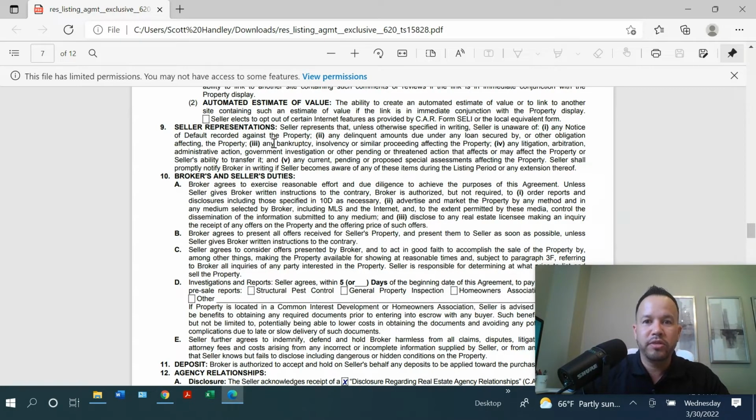Seller represents that unless otherwise specified in writing, seller is unaware of any notice of default recorded against a property, any delinquency amounts under any loan secured by or other obligation affecting the property, any bankruptcy, insolvency, or similar proceedings affecting the property, any litigation, arbitration, administrative action, governmental investigation, or other pending or threatening action that may affect the property or seller's ability to transfer it.